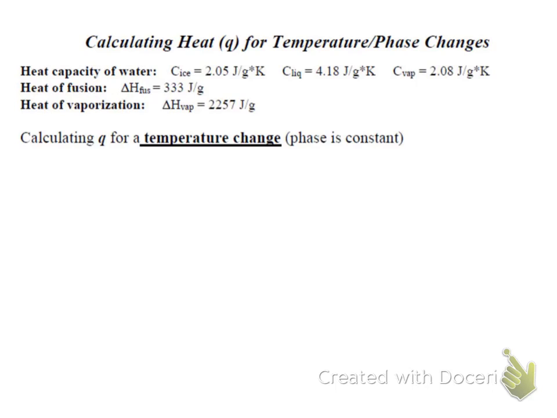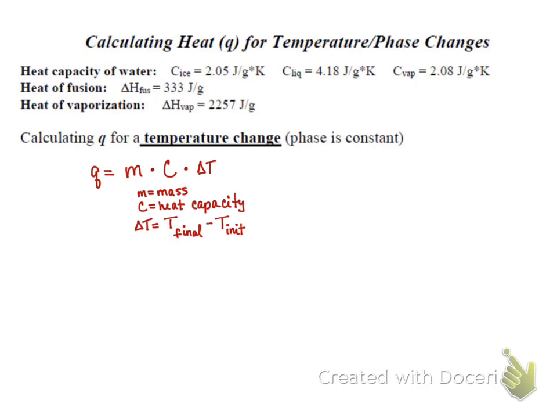So now that we know how to draw diagrams, the reason why we draw each stage separately is that each stage requires its own separate calculation. If we have the temperature changing, we are going to use the Q for the temperature change, where phase is constant, and that equation is Q, which is heat, is mass times heat capacity times delta T, which is the change in temperature.